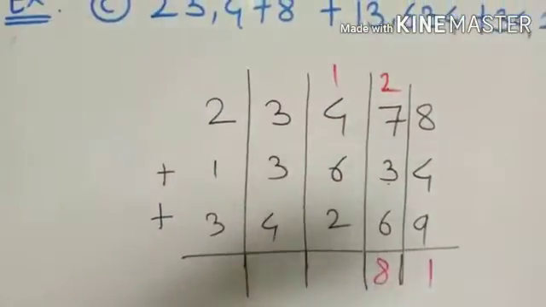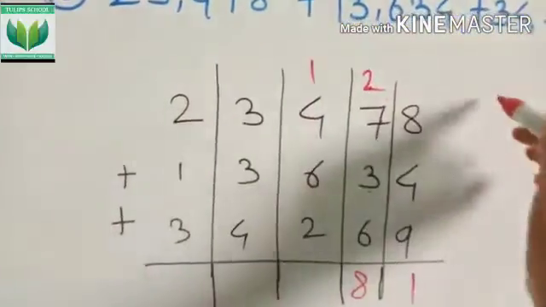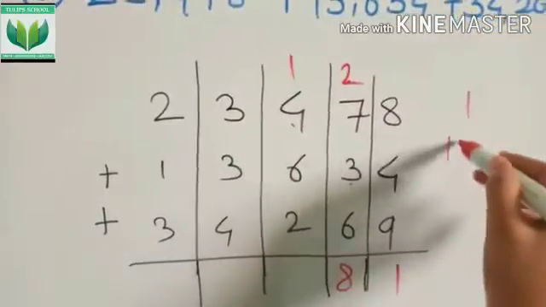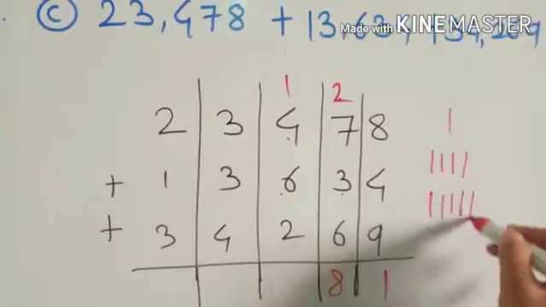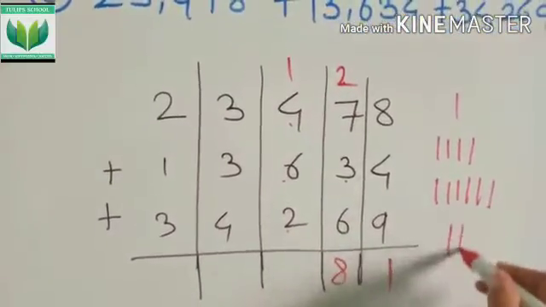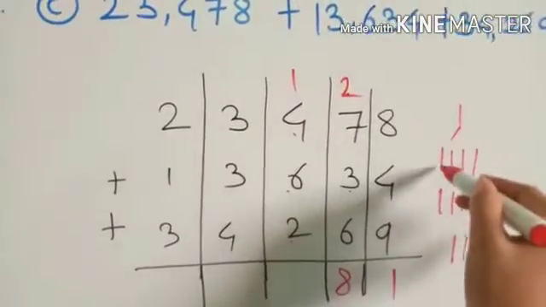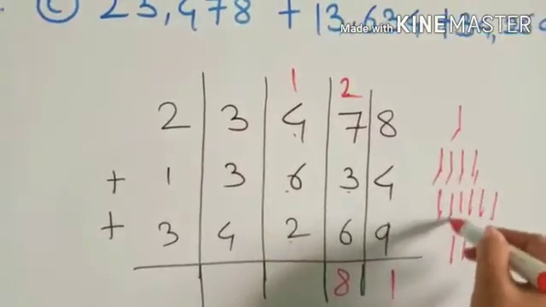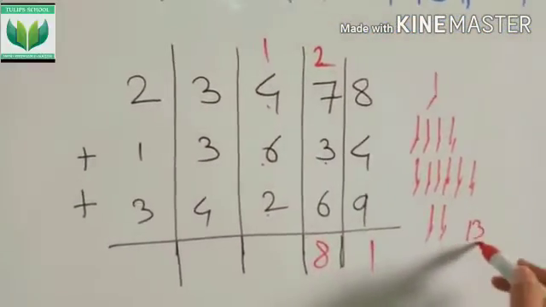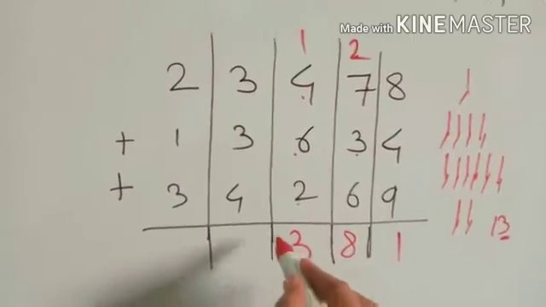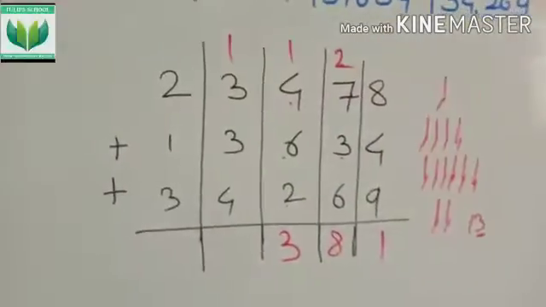If you know that, you can do it like this. 1, 2, 3, 4. 1, 2, 3, 4, 5, 6. 1, 2. Now count the whole: 1, 2, 3, 4, 5, 6, 7, 8, 9, 10, 11, 12, 13. 13 is the answer. The ones place we have to write downside and the tens place we have to write upside.